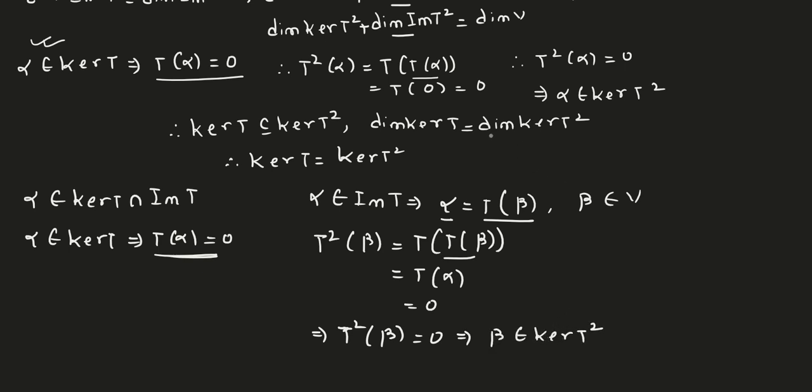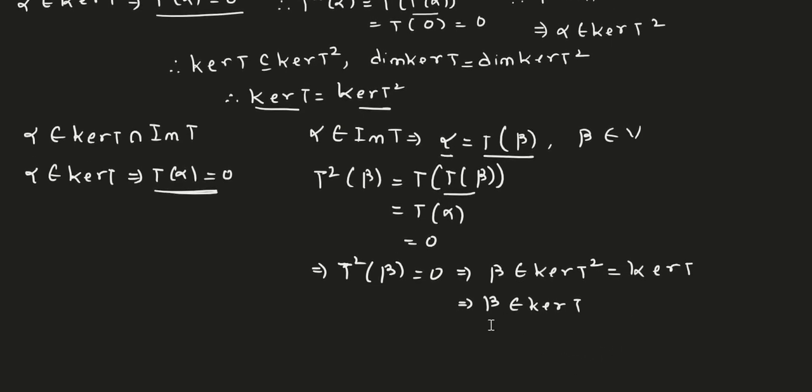But I already have proved that kernel of T is the same as kernel of T squared. So in place of kernel of T squared, I can write kernel of T. So beta belongs to ker T, which implies T of beta equal to 0. Now what is the value of T of beta? Just observe that T of beta is nothing but alpha. So I can write alpha equal to 0. So the only intersecting vector between ker T and TV is the zero vector.